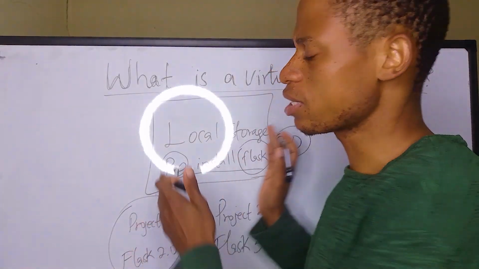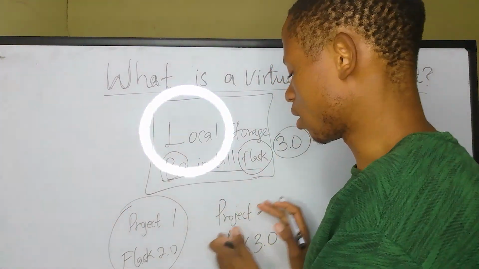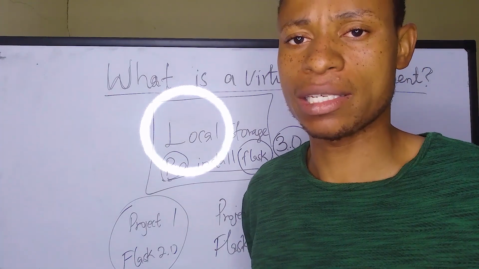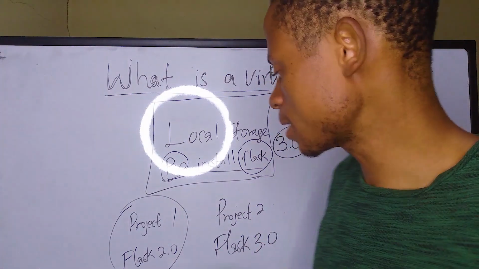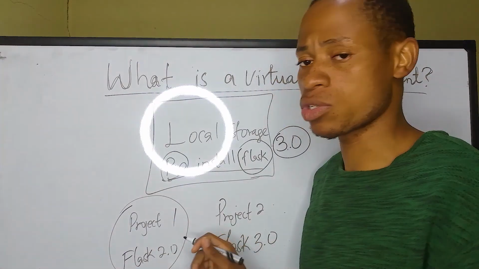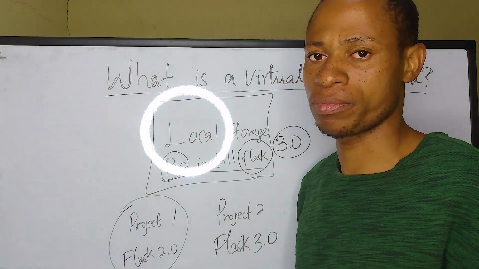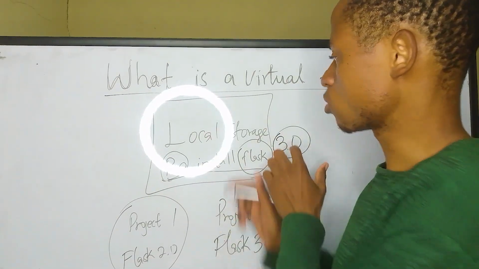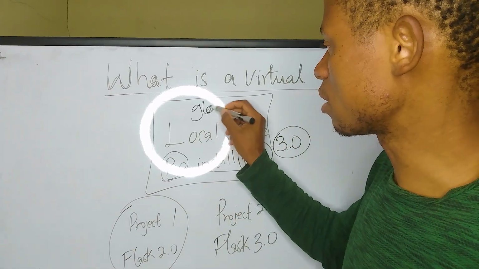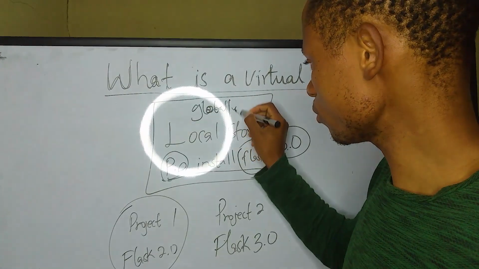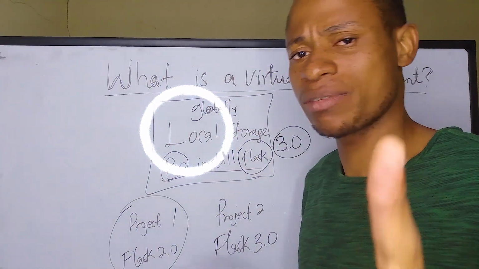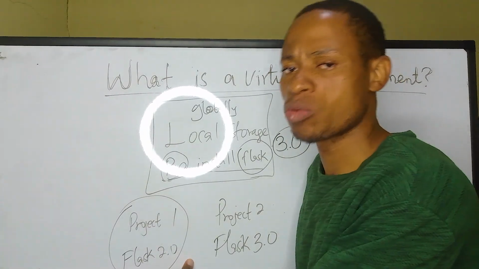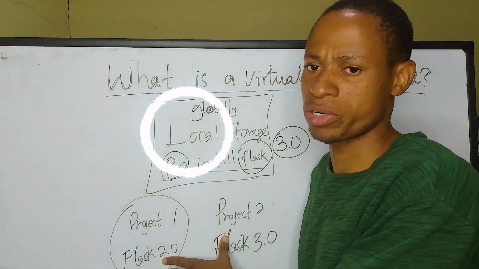Okay, so now this can be a challenge if you're working on multiple projects which want to use different versions of Flask. So in this case, let's say you have another project that wants to use Flask 2.0. But if Flask 3.0 has been installed globally, because in the local storage this is a global installation, it will not be possible for you to work on project 1, which wants to use Flask 2.0.